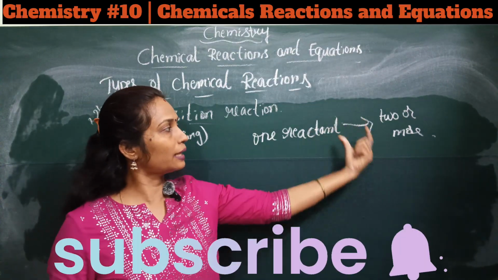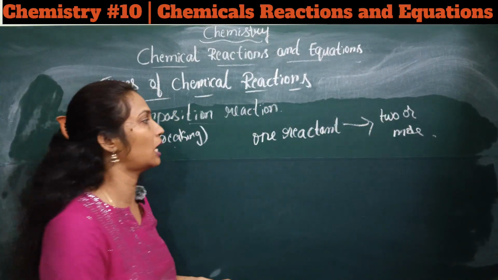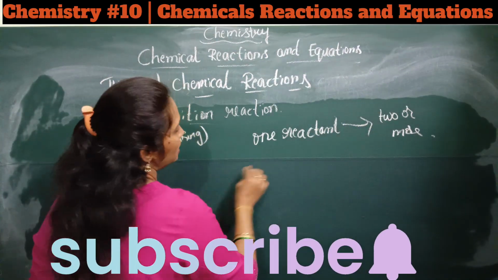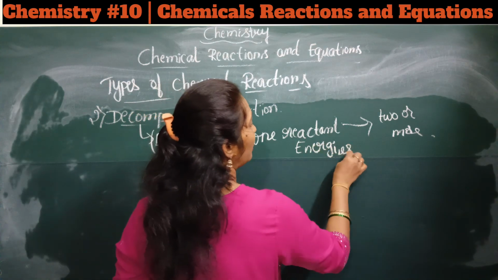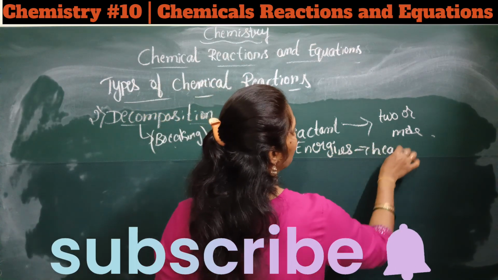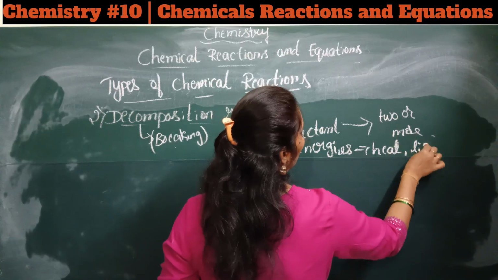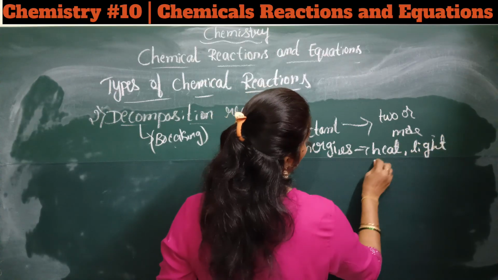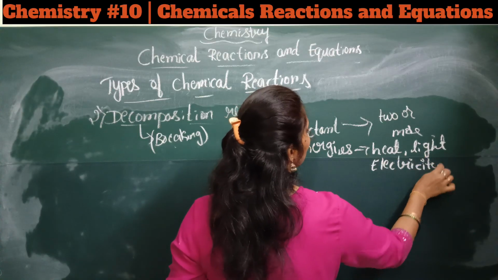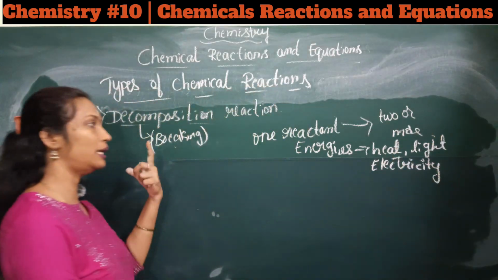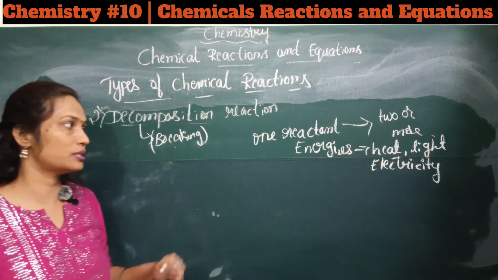So what are the types of those energies? The energies are in the form of heat, sunlight or electricity. These are the energies required for decomposition reactions.